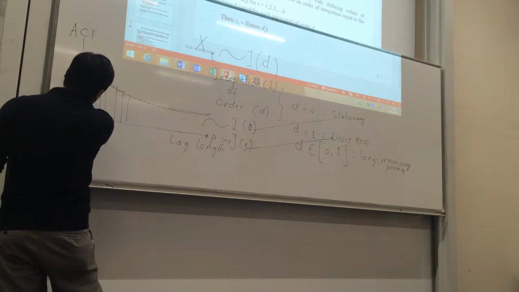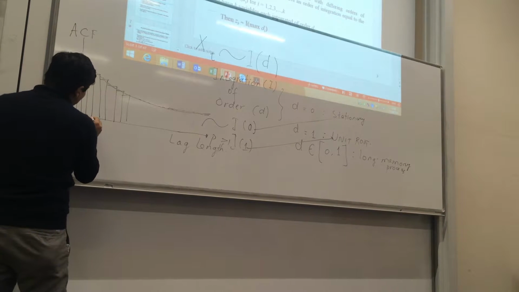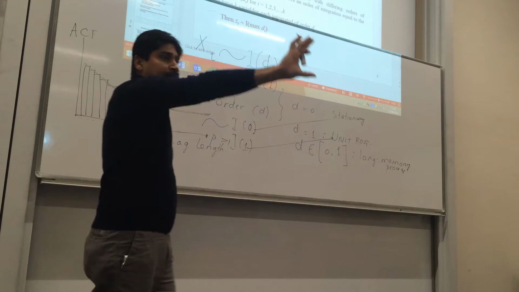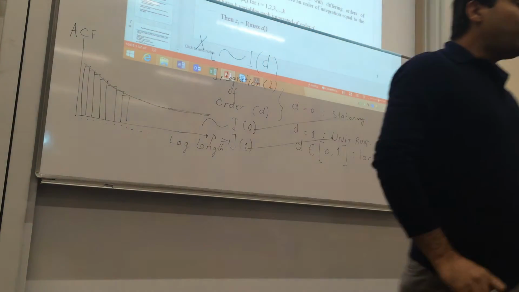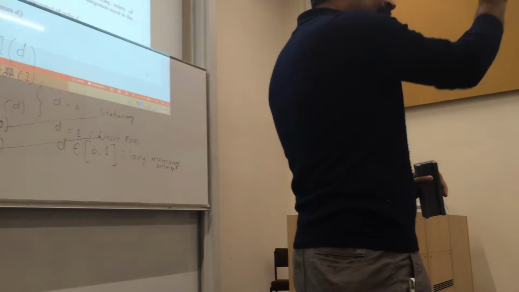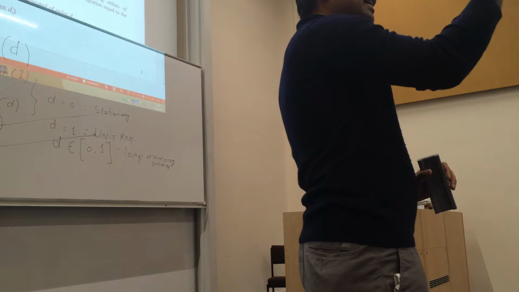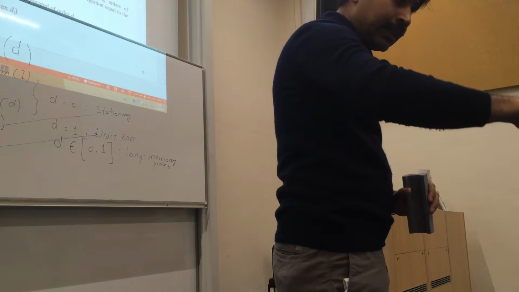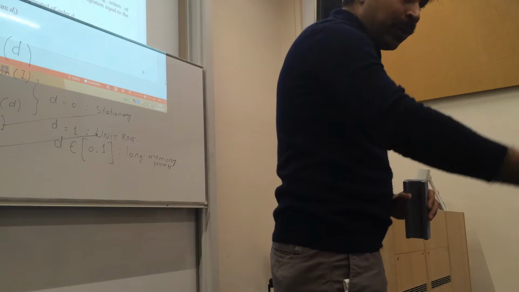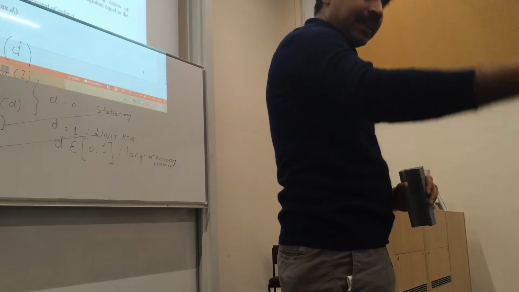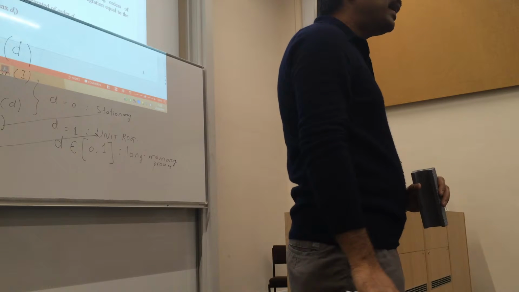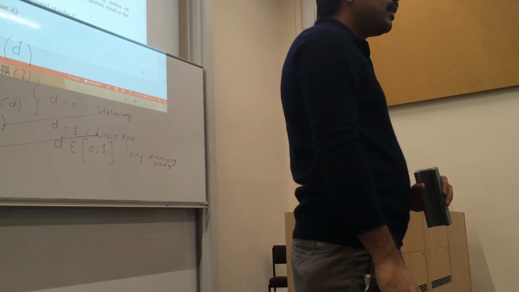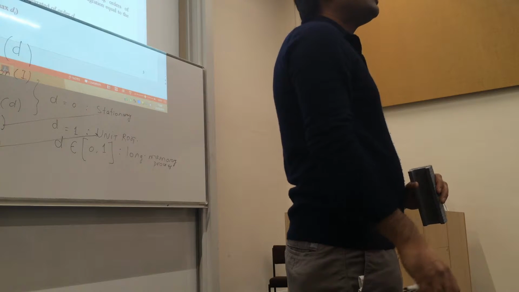I join all the lags, 1, 2, 3, 4, 5, 6, likewise for a long time period. The correlation coefficient at the first lag is very high. At the second lag the correlation is smaller, then smaller, then smaller. It declines over time. Why is it so? Past observations affect us less the further we go into the past.